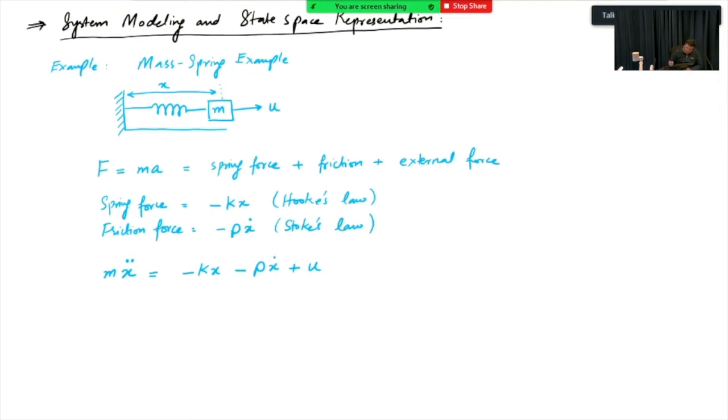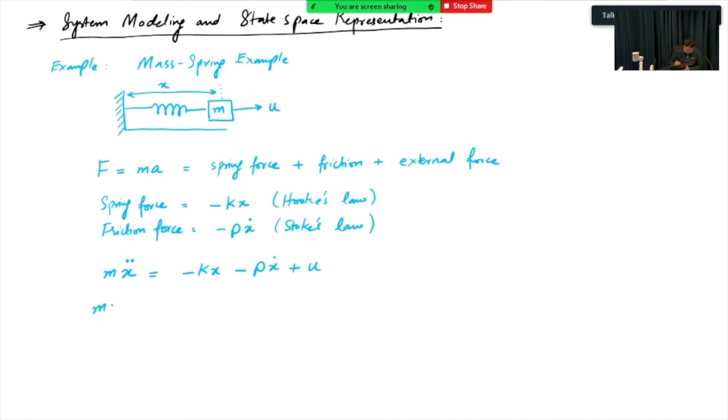So if this was the equation of the input and output, this is a differential equation, and we'll see how we can transform this into a linear system or linear ordinary differential equation, and also in the state space form.